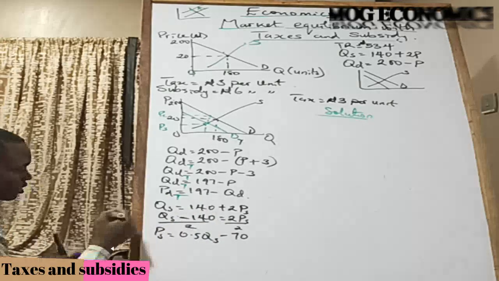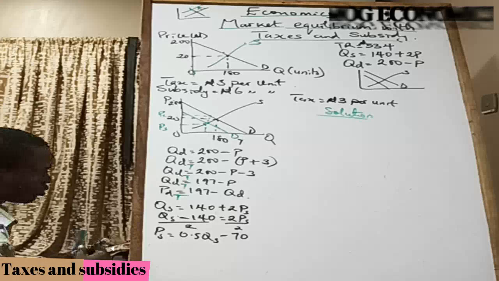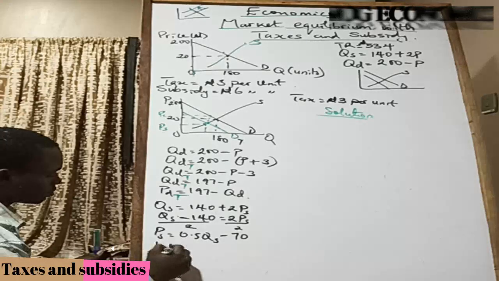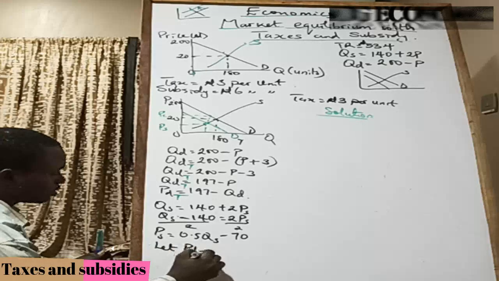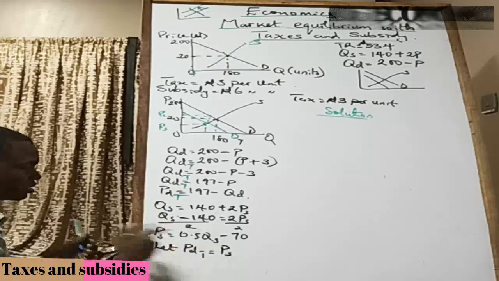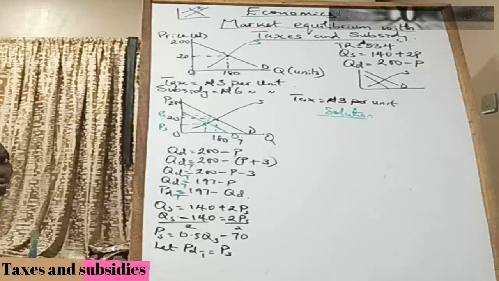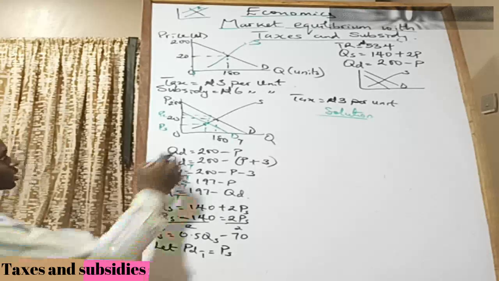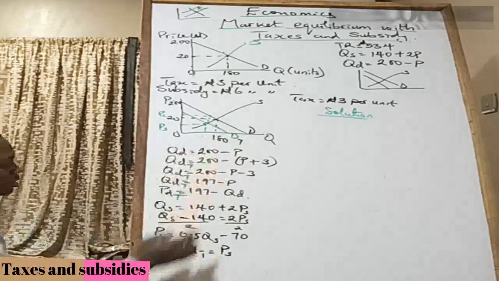So we have to just equate PDT equals PS. So now we just have to eliminate the disparity between QD and whatever, because we are going to be getting the same quantity anyway.